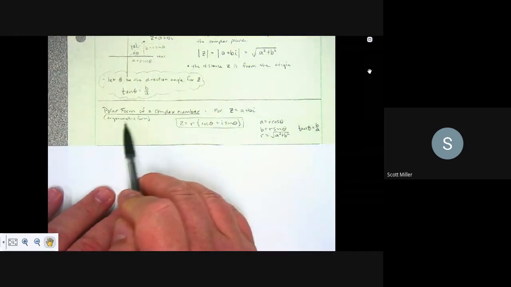So here's the polar form or trig form of a complex number, which I started to point out up there.